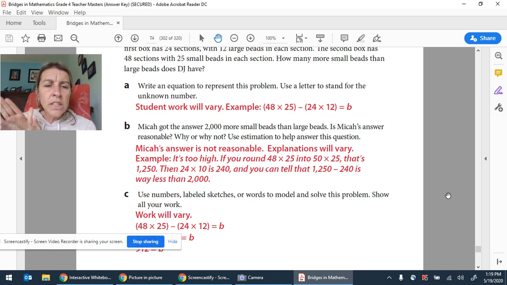An example is it's just too high, because even if you rounded 48 times 25 to be 50 times 25, that's 1,250. And then 24 times 10 is 240. And you can tell that 1,250 minus 240 is way less than 2,000. It is not going to come close to 2,000. So ultimately, for your mathematical brains, you wanted to say it's not a reasonable answer. C, though, let's see if you got the correct answer.